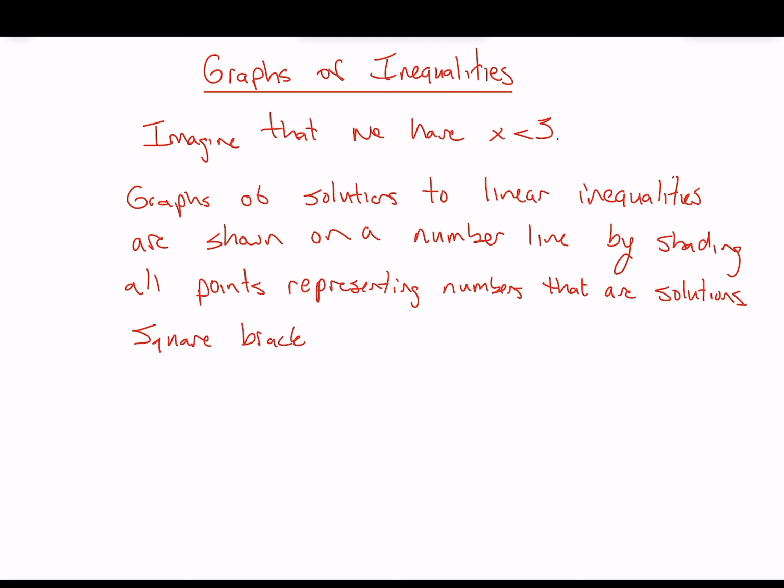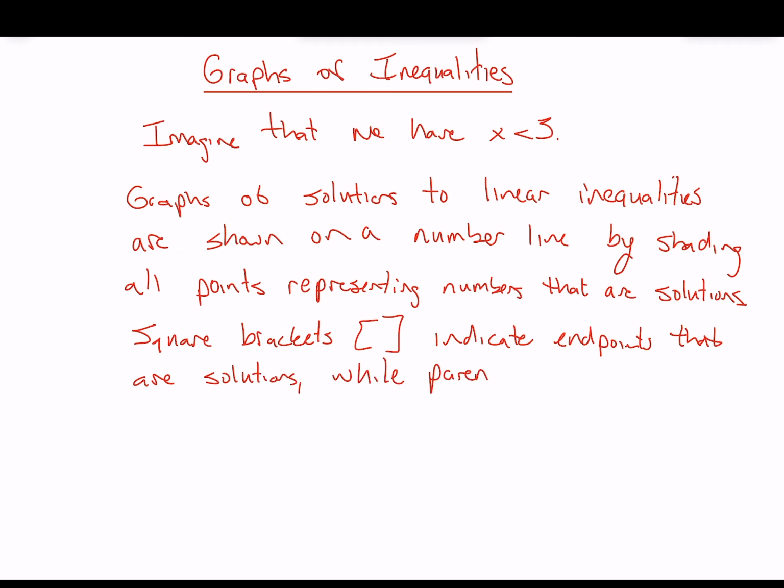Square brackets, like these, indicate endpoints that are solutions, while parentheses indicate endpoints that are not solutions.